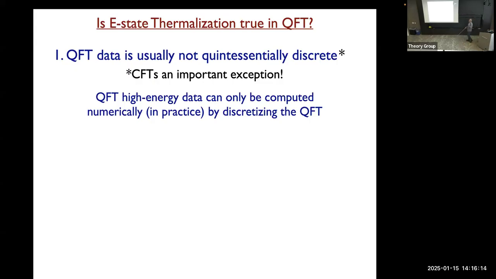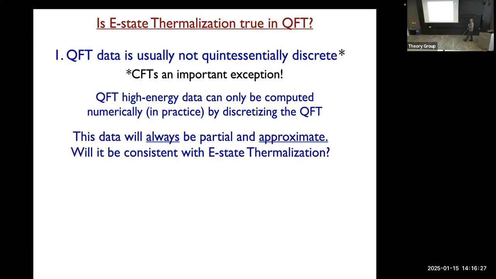But of course, when you're discretizing the QFT, you might be making all kinds of arbitrary choices like boundary conditions and so on, putting it in a box or maybe using light-cone quantization or whatever. So this data that you would compute will always be partial and approximate, depending on all kinds of choices that you make. And it's not obvious that it should be consistent.